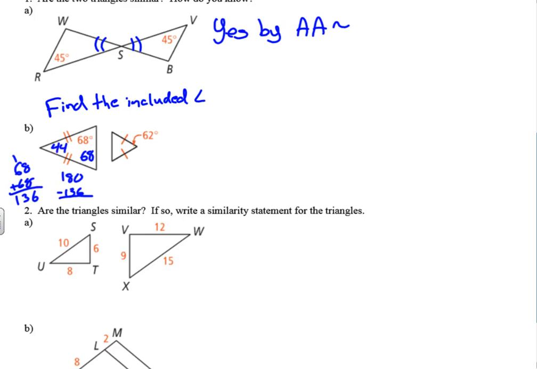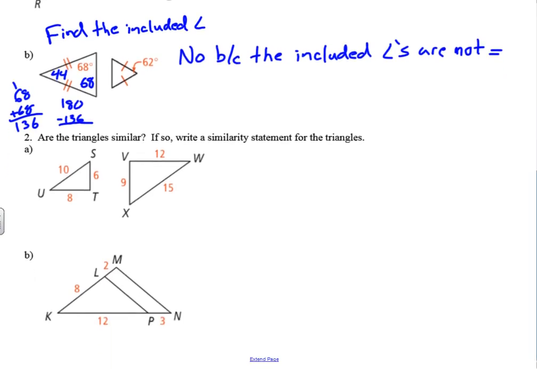So while those two sides would be in proportion, the answer would be no, because the included angles are not equal or congruent. We would need the angles to be the same, and they're not in this instance.